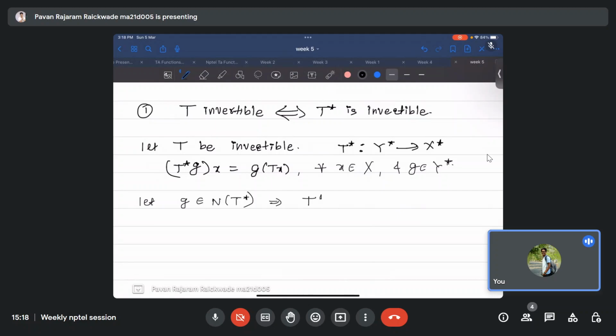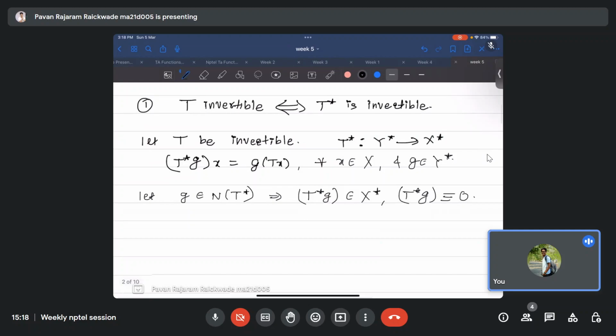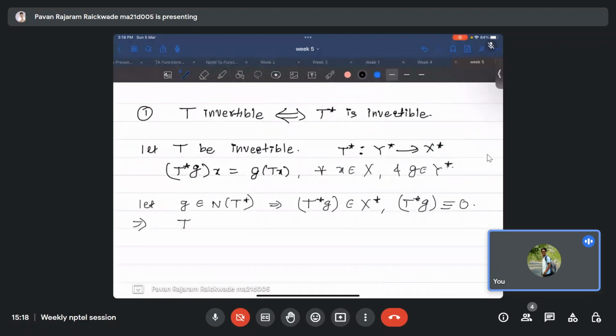This means T star of G, which is in X star, is identically 0. But T star G identically 0 means T star G of x equals 0 for all x belonging to capital X. That is, G of Tx equals 0 for all x belonging to capital X.